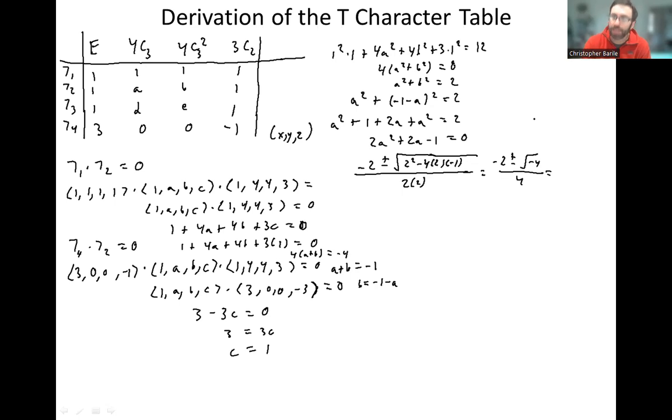The square root of negative 1 is i, and the square root of 4 is 2. So you end up with negative 2 plus or minus 2i over 4, which we can simplify to negative 1/2 plus or minus 1/2 i. So we got an imaginary solution here.